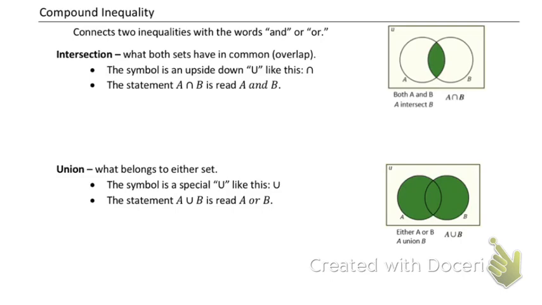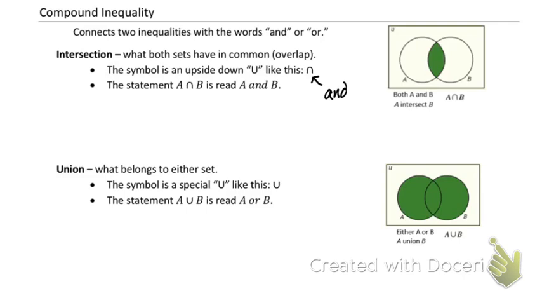That symbol is also the mathematical representation of the word and. So the statement A upside down U B is read A and B. It is in set A and it's in set B at the same time. What example did I use?